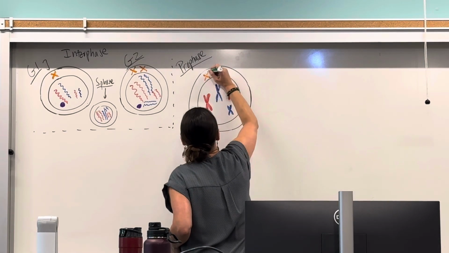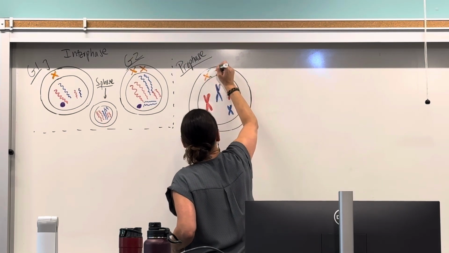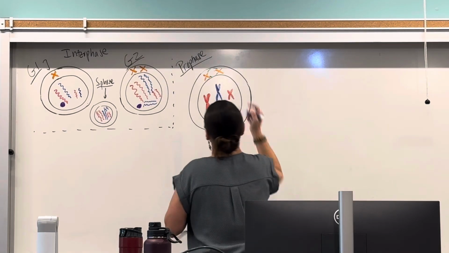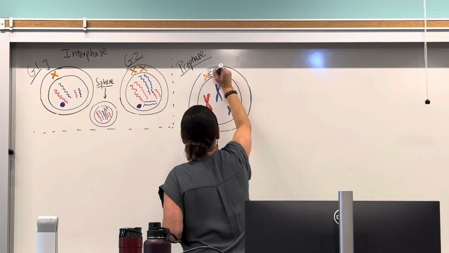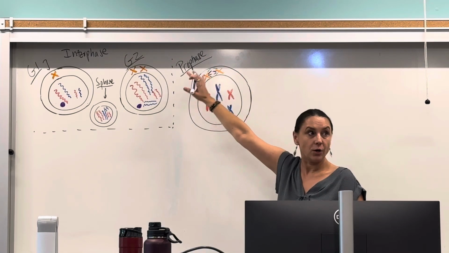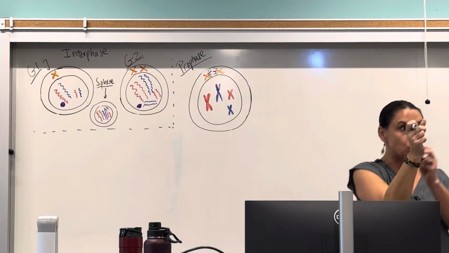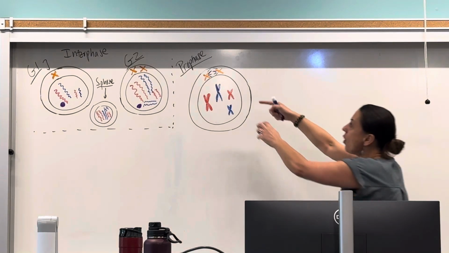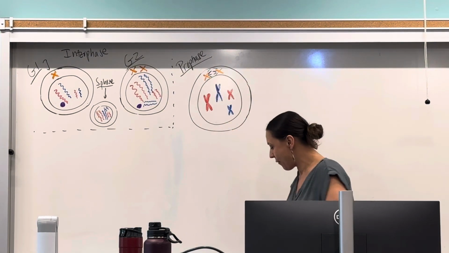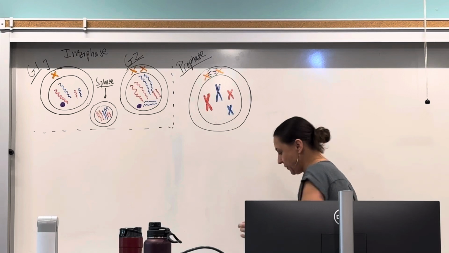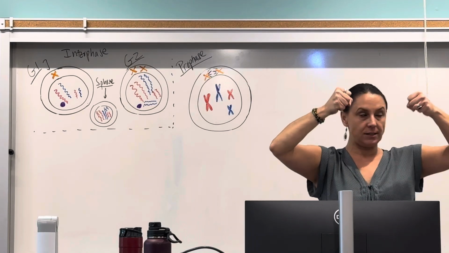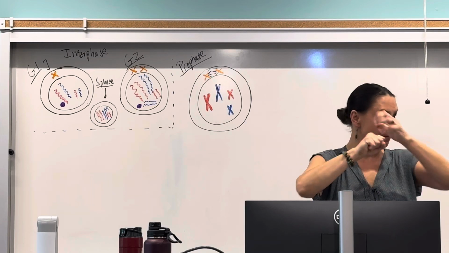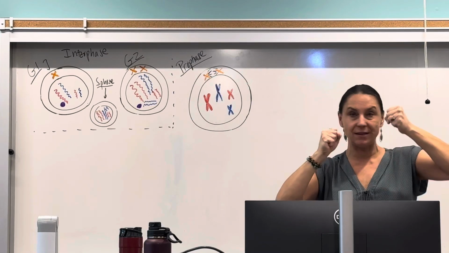And so there's going to be microtubules growing out of here, out of here, out of here. Imagine the purple and the green are microtubules growing out of these centrioles. Imagine my fists are centrioles, made up of 27 microtubules here, 27 microtubules here.